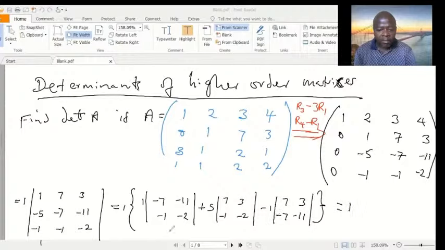The answer is the one that is outside here, multiplied by, this will be positive 14. Positive 14 minus 11 will give us that.